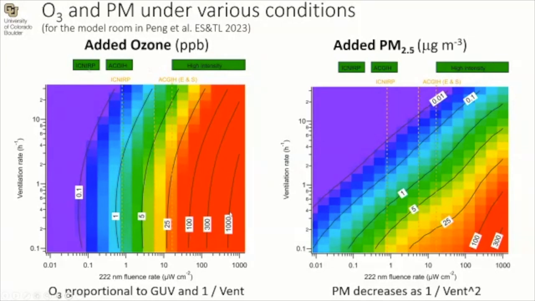We can see very high ozone and PM concentrations at the high fluence rates above the ACGIH limit for skin exposure. Very roughly, ozone is proportional to fluence rate and inversely proportional to ventilation rate when it's larger than 3 ACH. PM is roughly inversely proportional to squared ventilation rate, as ventilation reduces both VOC, which is PM precursor, and PM itself. Jose will discuss these plots in more detail in the next talk.